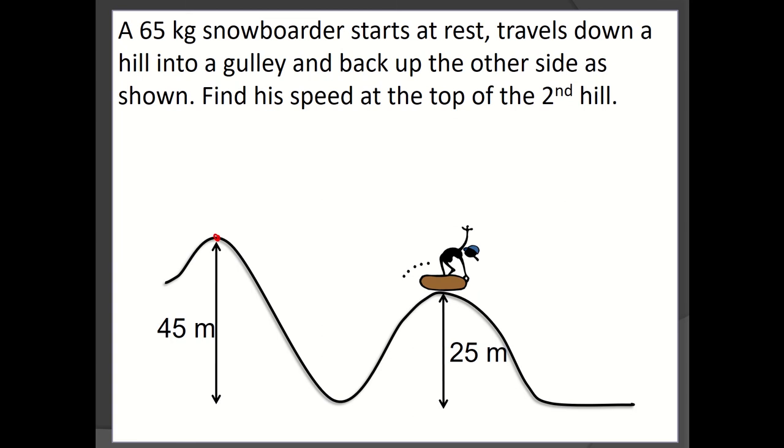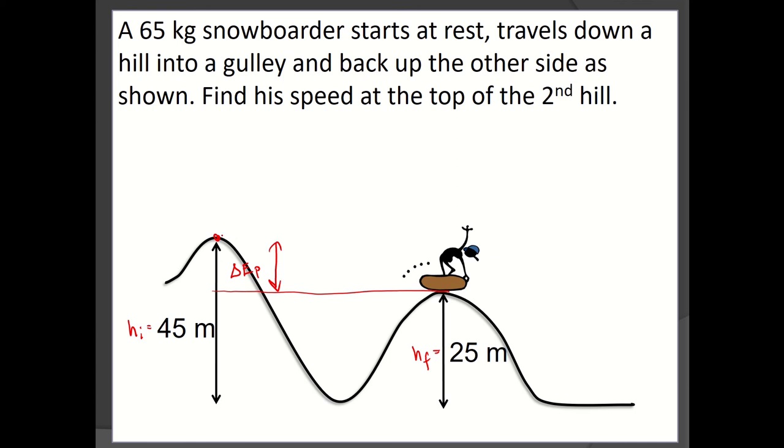We have 45 meters to start, so his initial height is 45. His final height is 25 meters. So the difference between these two is going to be the change in potential energy, delta P, between here and there.